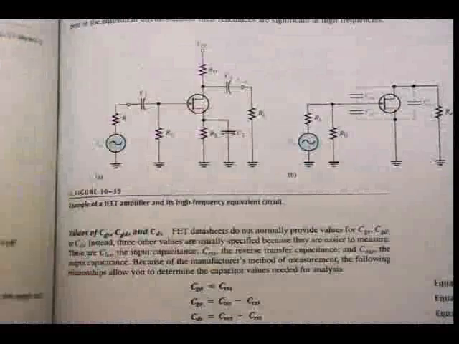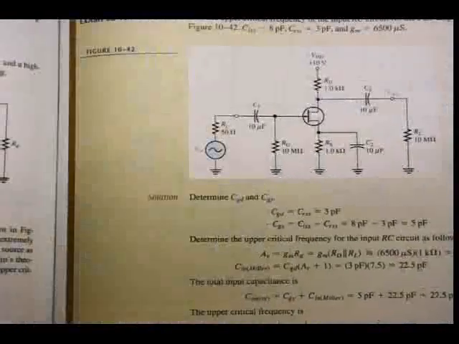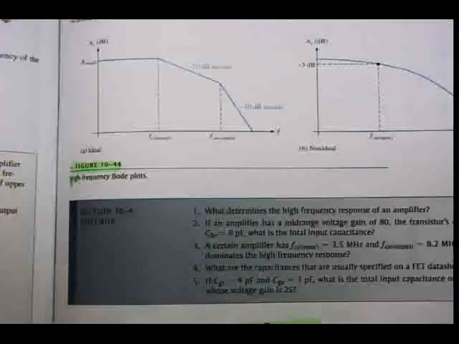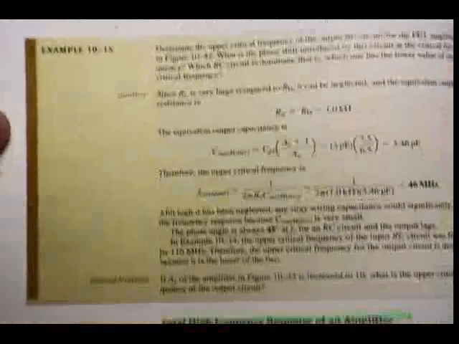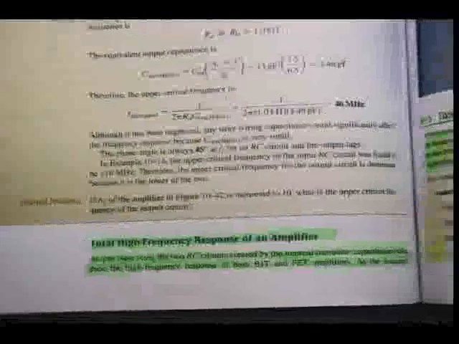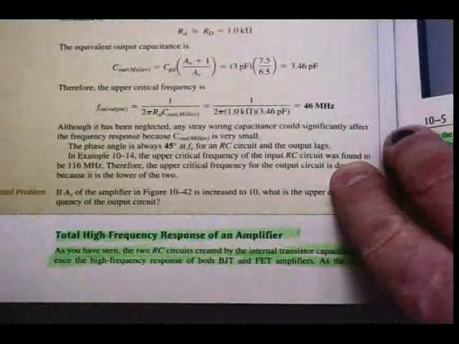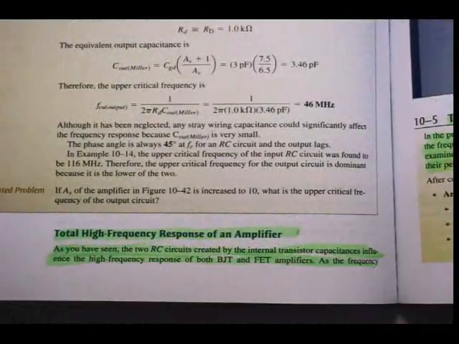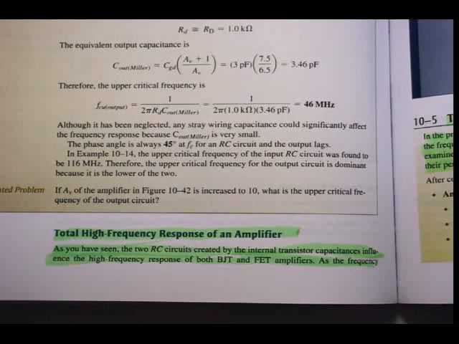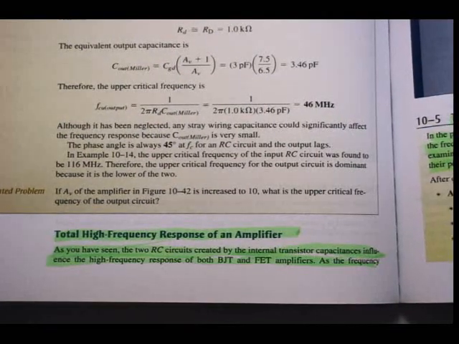Then we skip the rest of the chapter, because we haven't got time to go into depth. You just have to realize that an amplifier can't amplify the whole frequency range. Alright, now we go to the summary for the high frequency response of an amplifier. And mark there as I've done there.